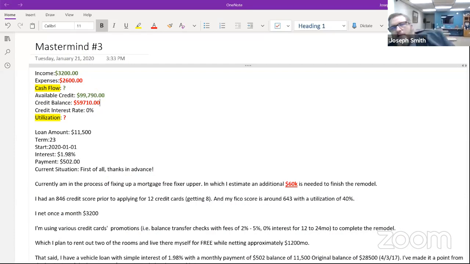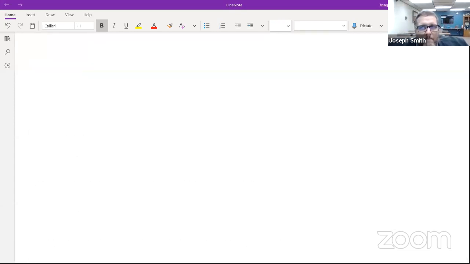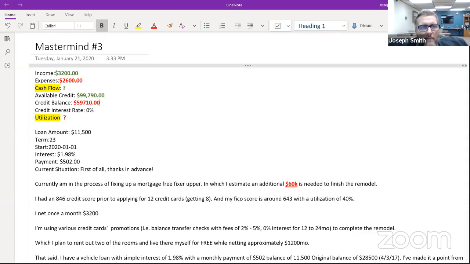This is audience participation time. We're in Mastermind number 3. I've got some numbers from somebody who sent us in their numbers, of course. I took the liberty of highlighting a couple of things of what I look at. The incomes, this is monthly income, $3,200 a month, expenses, $2,600 a month.